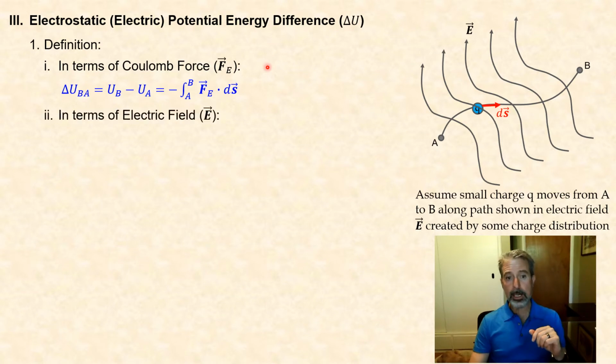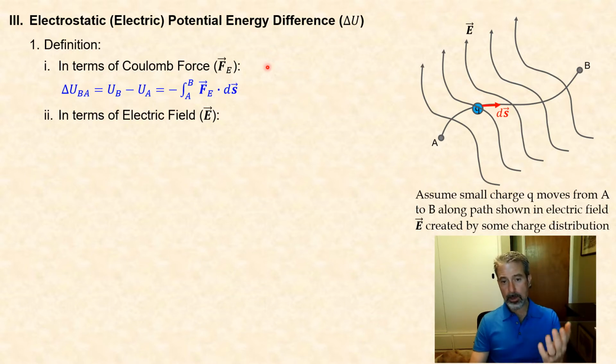So given this, you recall that the electric field, by definition, is the Coulomb force acting on a test charge at a certain point in space divided through by the test charge. We said that once the field is established, you can find the Coulomb force on any charge Q simply by multiplying that charge by the electric field at that point in space.